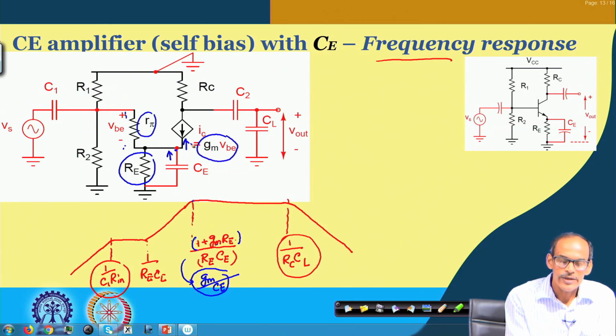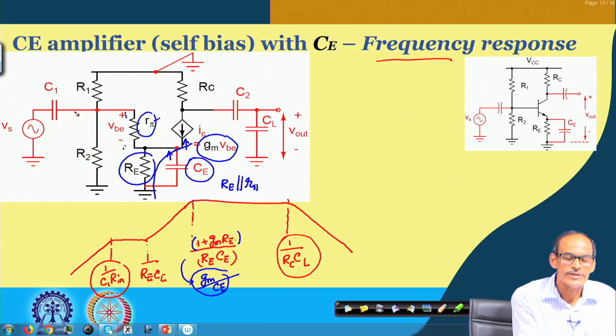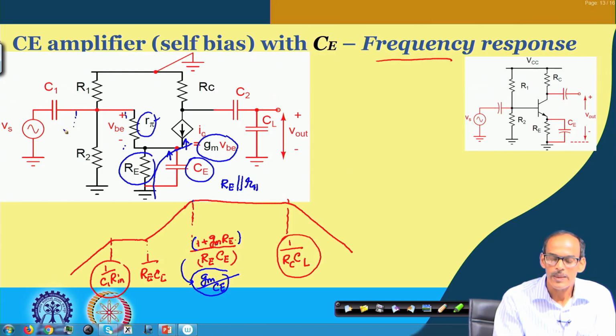So, the net resistance seen by this Ce is Re in parallel with r pi, if I consider this connected to ground, and in parallel with 1 by gm. So, this is dominated by 1 by gm.